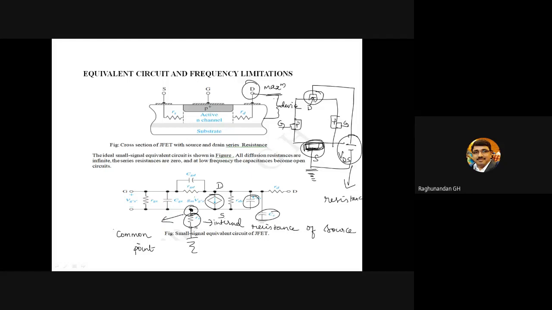Why can't we use an independent current source?